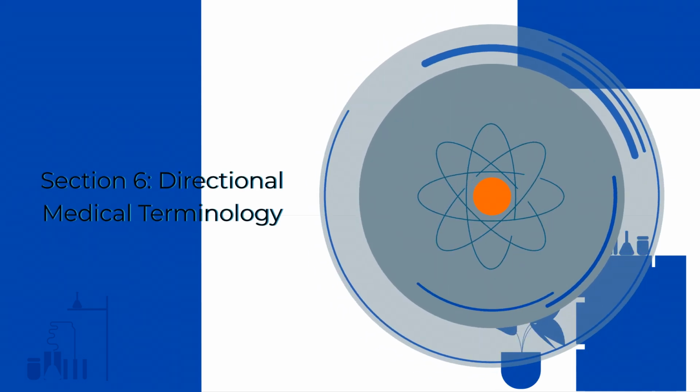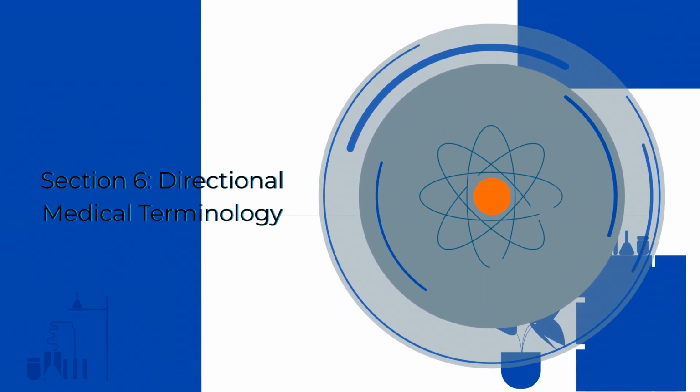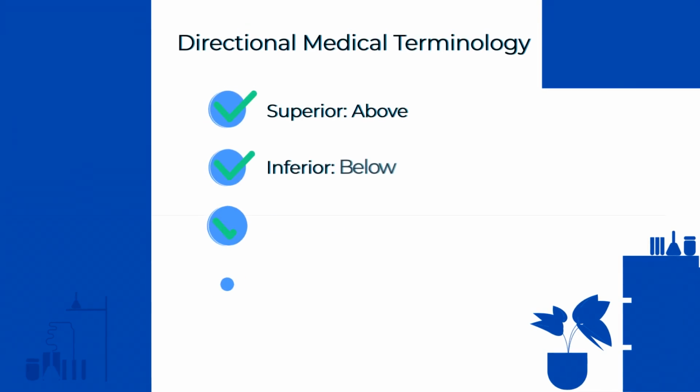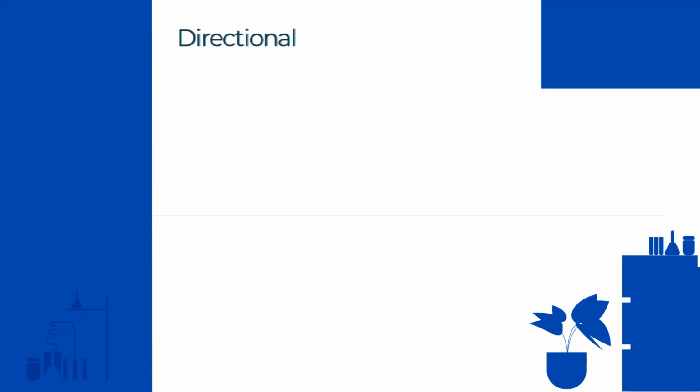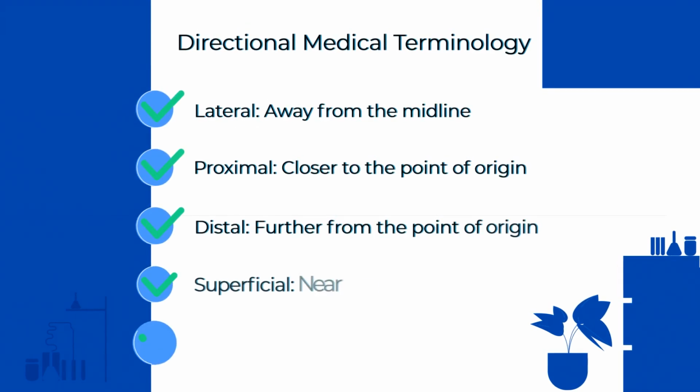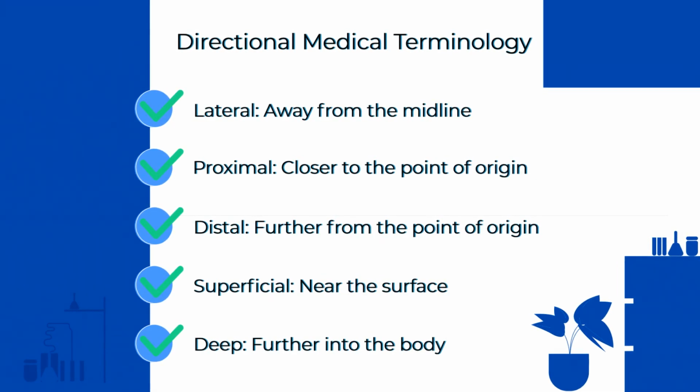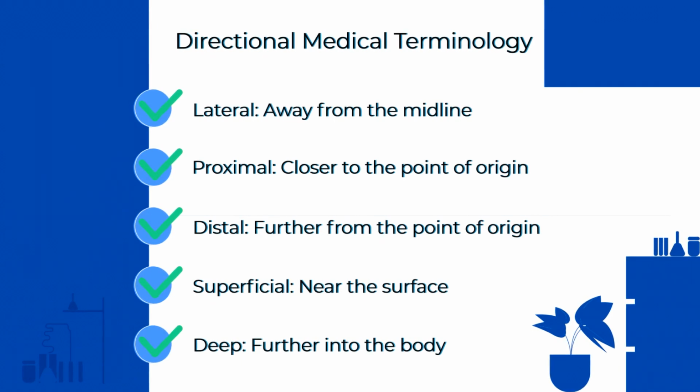Section 6, Directional Medical Terminology. Directional medical terminology is a critical aspect of medical care as it helps to accurately describe the location of organs, tissues, and other anatomical structures. This terminology is based on anatomic position.